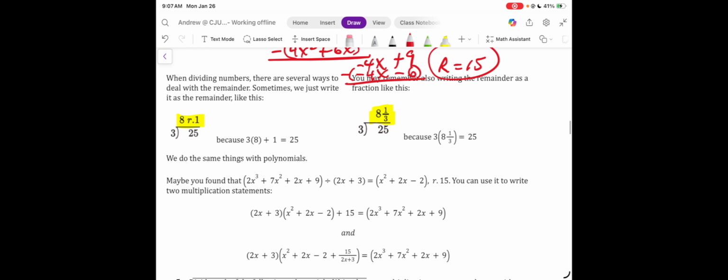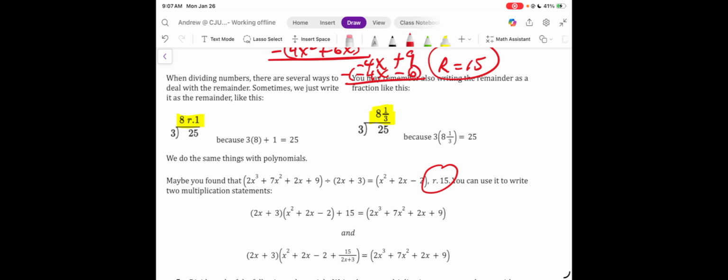Now you look at this, what they wrote right here. You can use it to write two multiplication statements. So this is divisor times quotient plus 15 equals, right, whatever, the original dividend.